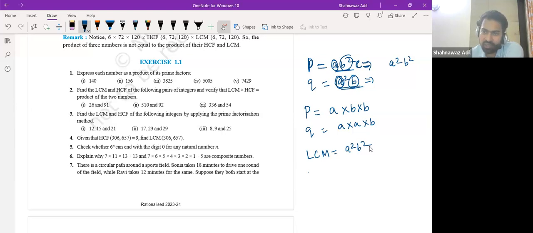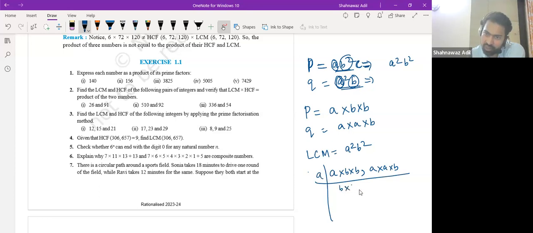So this is the first method. You can also find the LCM by the division method. Write A comma B, so this is A, B, B. First you divide by A, so you have B, B and then B. Then you divide by B, so you have B and 1, and then B again.